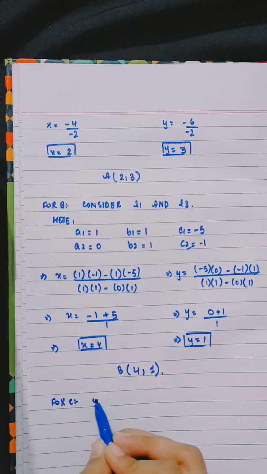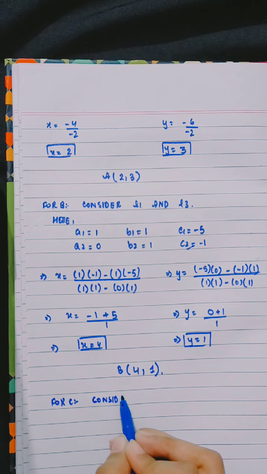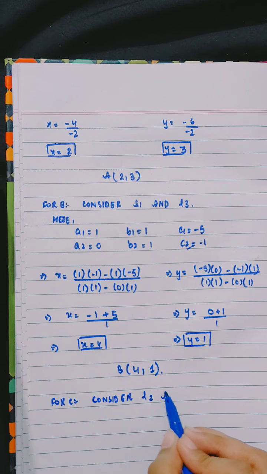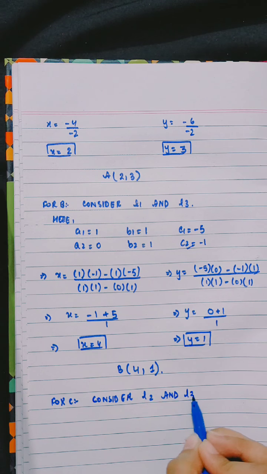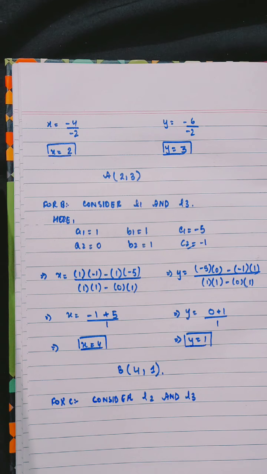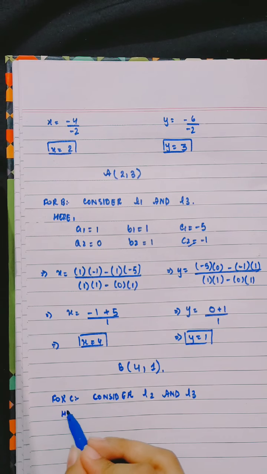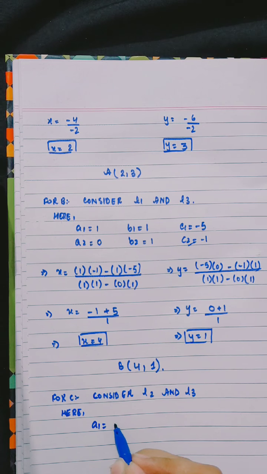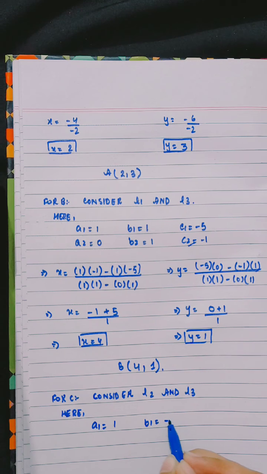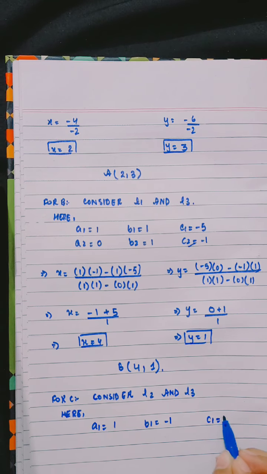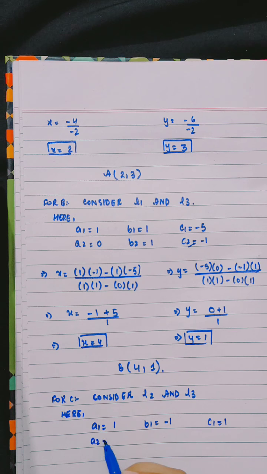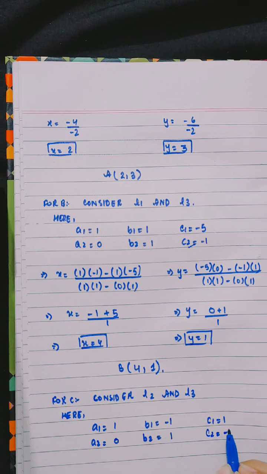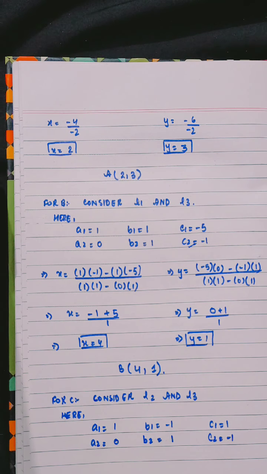Now for C, consider L2 and L3. Here A1 is 1, B1 is minus 1, C1 is 1, A2 is 0, B2 is 1 and C2 is minus 1.